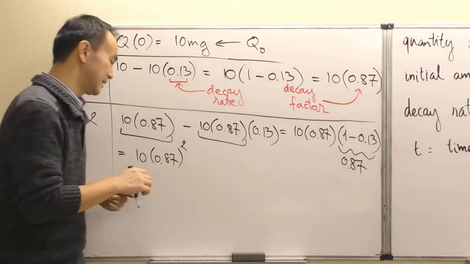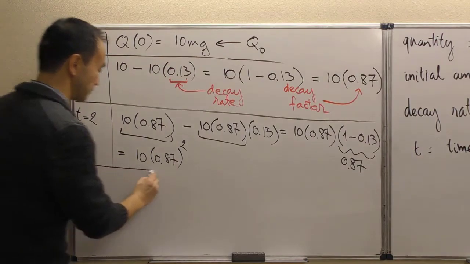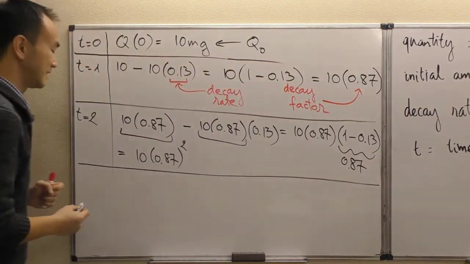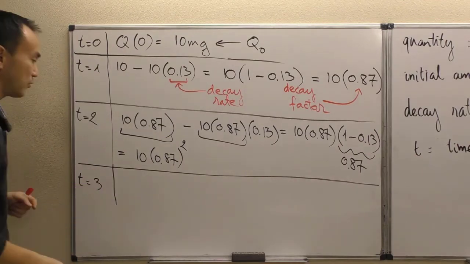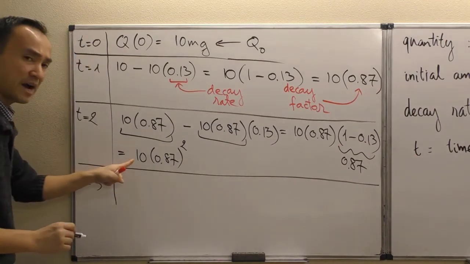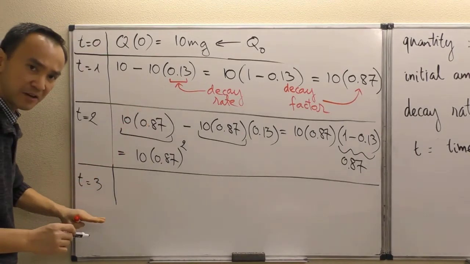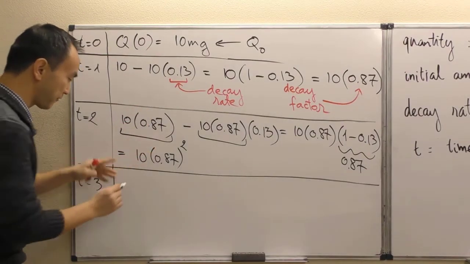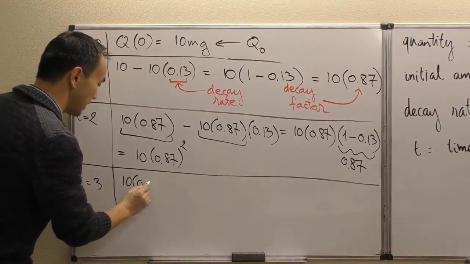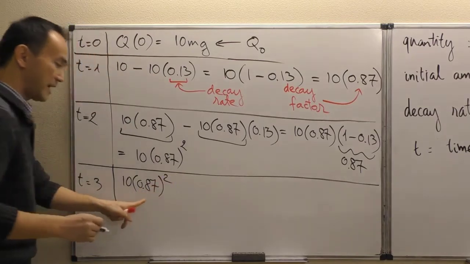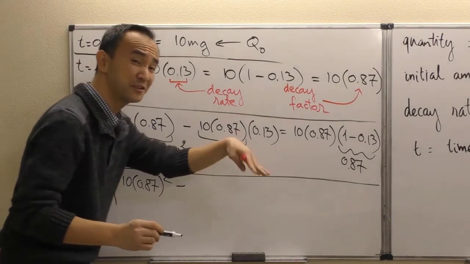All right. So now let's look at the next one, when t equals 3. The amount from the previous period, because now we're in the third period, is the amount at the end of the second period, 10 times 0.87 squared. From that amount, we're going to take away another 13%.